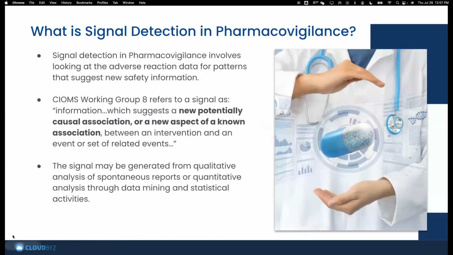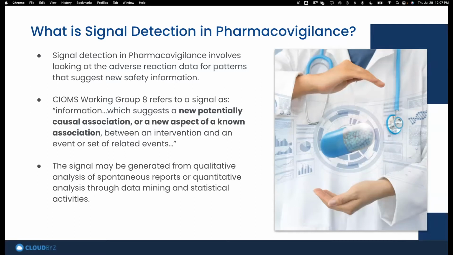So if pharmacovigilance is the what, when it comes to drug safety, then signal detection is the how. Signal detection involves looking at adverse reaction data for patterns that may suggest some sort of new safety information. It is the way in which we operationalize some of our pharmacovigilance practices, to make sure we're looking at the data to tell us when there are new signals that need to be considered.